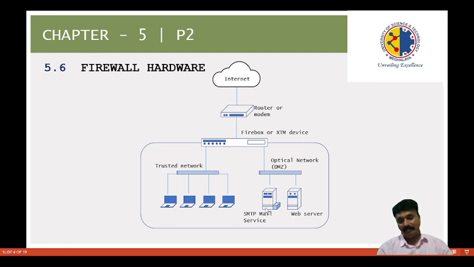And the mail server also will provide the mail services through this firebox in an authenticated manner, and the web server also will provide the web services. So that is a simple and small idea about this firebox and DMZ.